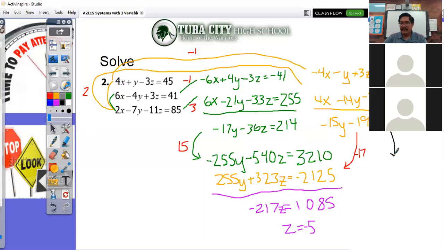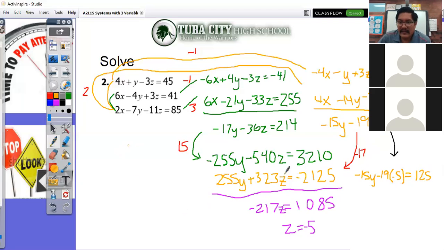I'm not really sure, but I'm just going to go with this one right here, because it has this empty space where I can write it out. So negative 15y minus 19 times negative 5. Because now I know that z is negative 5, I'm going to plug that in there.